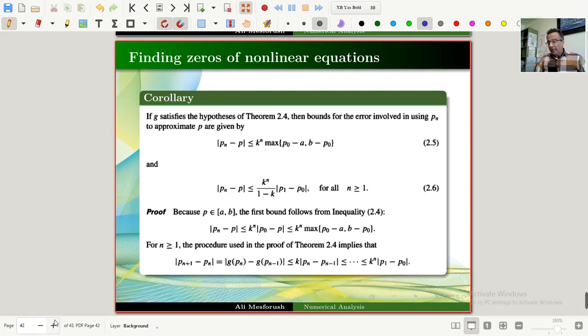Now we have a very important corollary from the theorem.